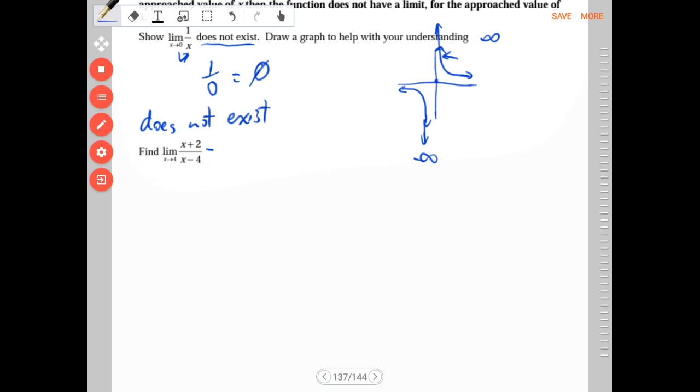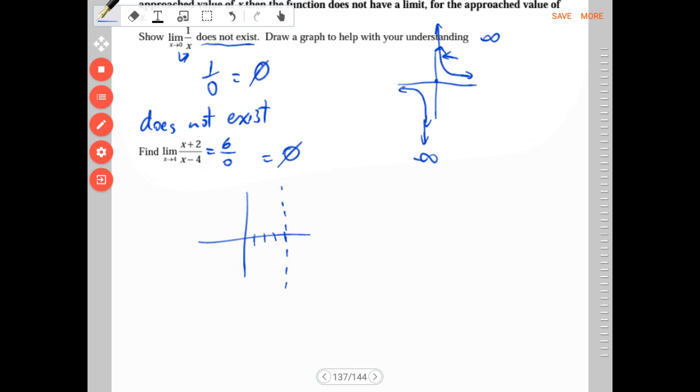Over here, again, we substitute in: 4 plus 2 is 6, 4 minus 4 is 0. See, we don't even get the 0 over 0 limit. So we say that this limit does not exist. And if we were to look at the function here, if we make a quick sketch of this, we have an asymptote at plus 4.